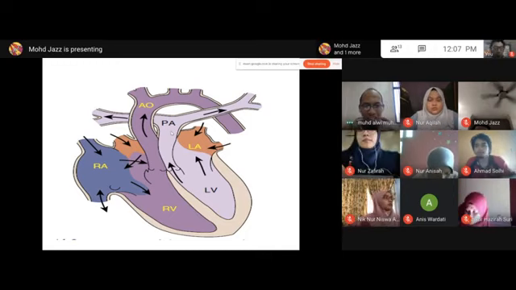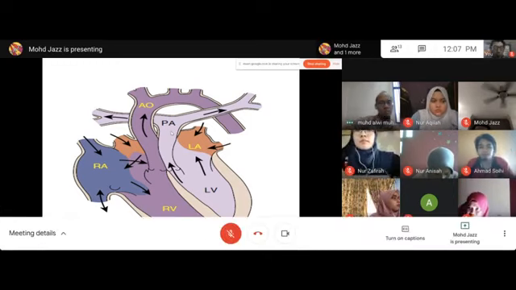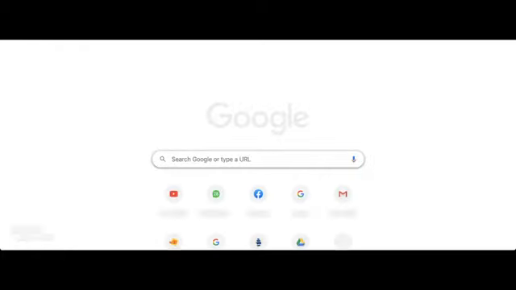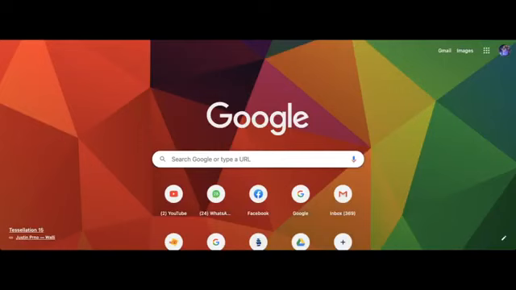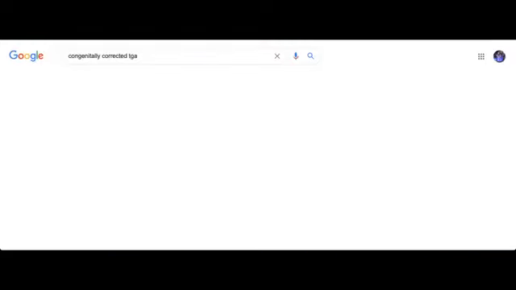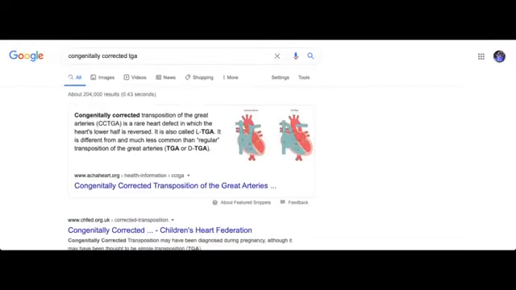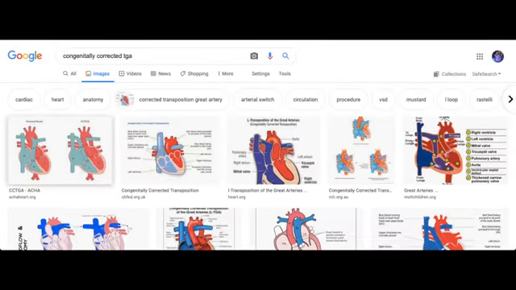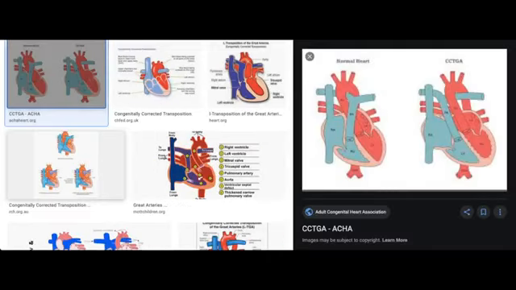CCTGA or LTGA. So in CCTGA, initially, TGA is transposition of great arteries. Originally, in fetal circulation, the PA, even though it arises from the right ventricle, it twists.